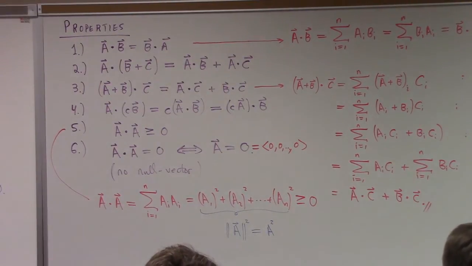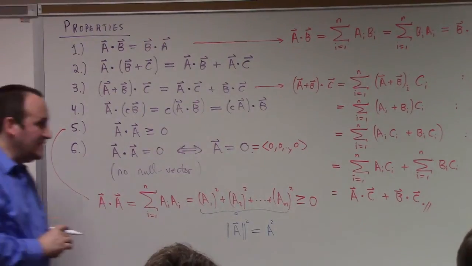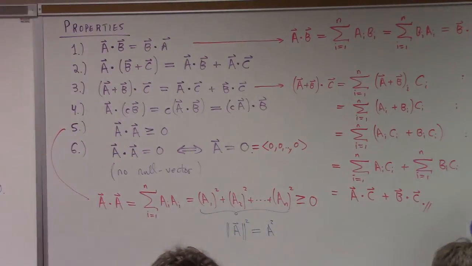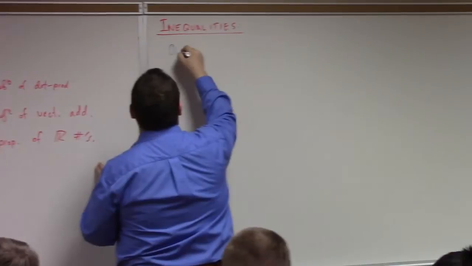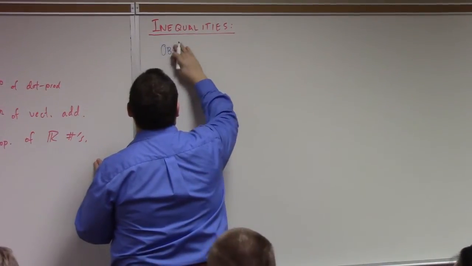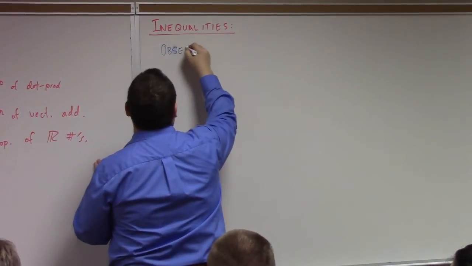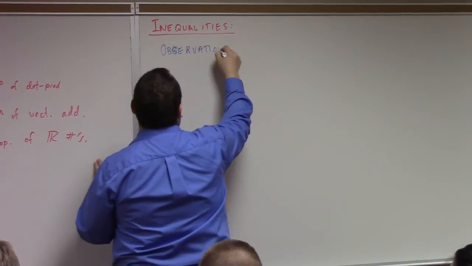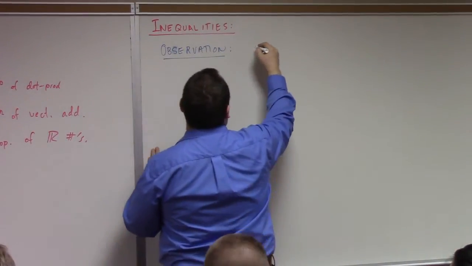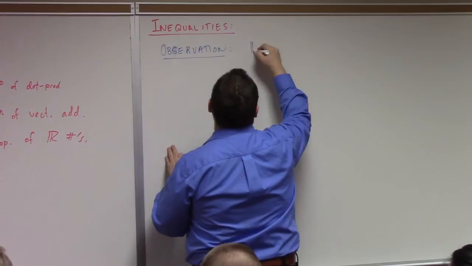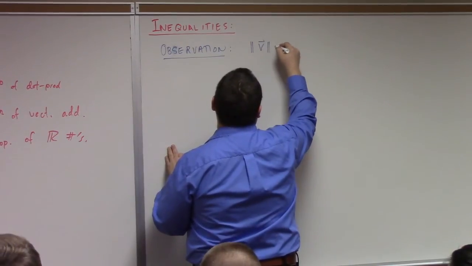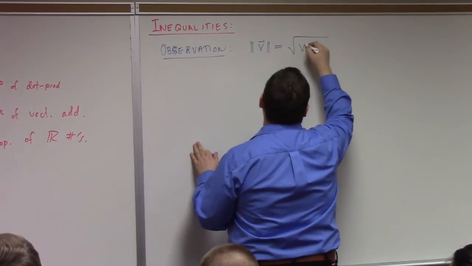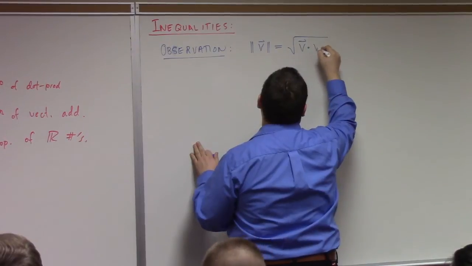Okay. So here's a fundamental observation. Let me just write that down again, because this is important. The length of a vector v is equal to the square root of the dot product of the vector with itself.